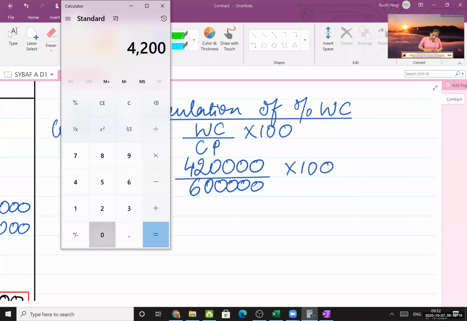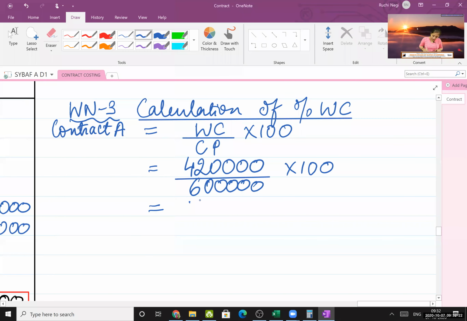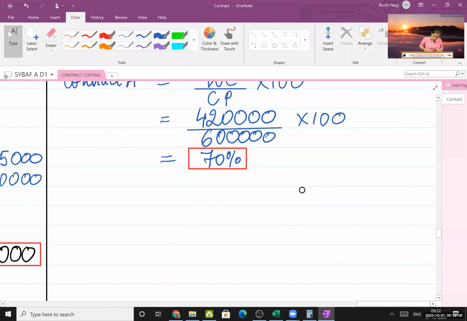So 4 lakh 20 divided by 6 lakhs into 100. So it is 70%. So 70% means I'm falling in which range? The third range. Greater than equal to 50 but less than 100. So this is the range.